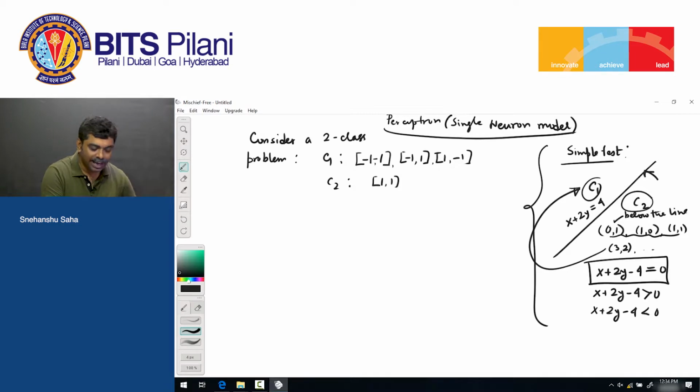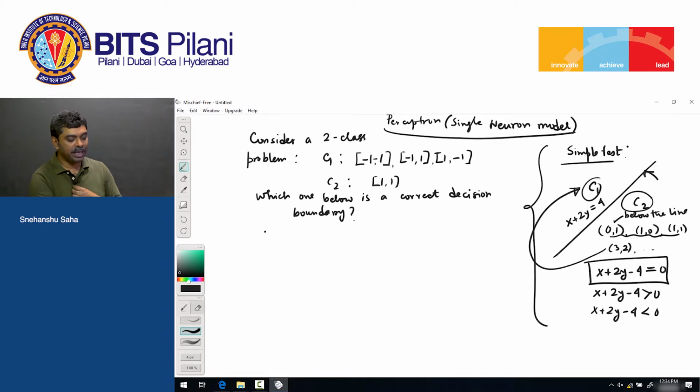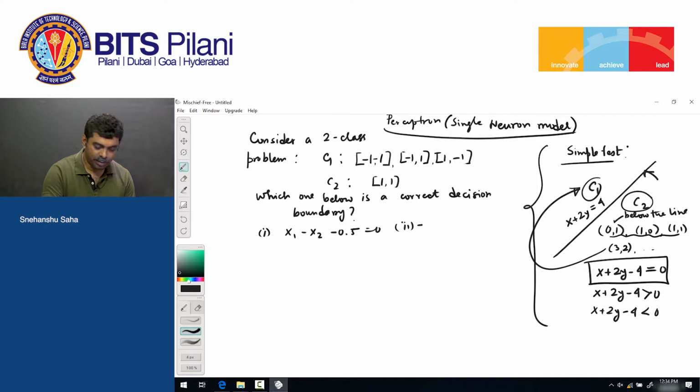What I want to know is which one below is correct, using a single neuron model. The options that I have are the following: x1 minus x2 minus 0.5 equal to 0, and minus x1 plus x2 minus 0.5 equal to 0.